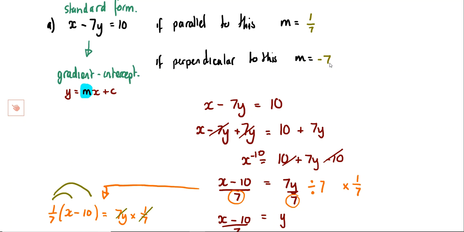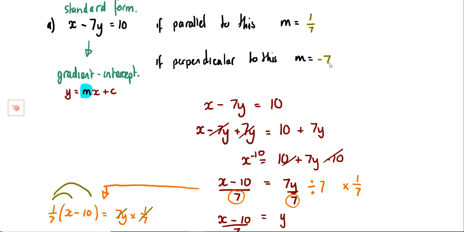So now, what we have to do is go through the other equations and find out any that have a gradient of either a 7th or -7th. Yeah? So looking at question 4, we've worked out A has a gradient of a 7th. Does B have a gradient of whatever?